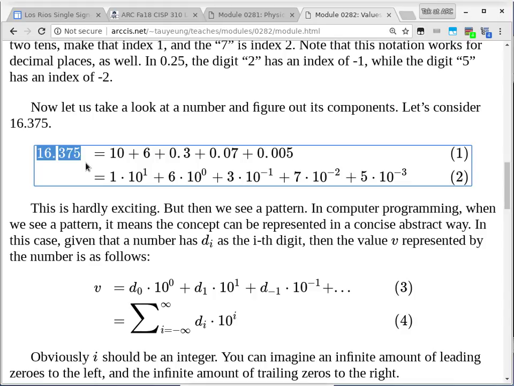But you can see a pattern here. The pattern is everything in the last row is a quantity times a power of 10. This is the power of 10, power of 10, power of 10, and so on. And it's not just some random powers of 10. It is a range of powers of 10, and the powers are integers.